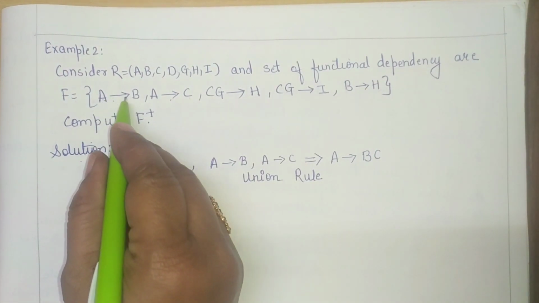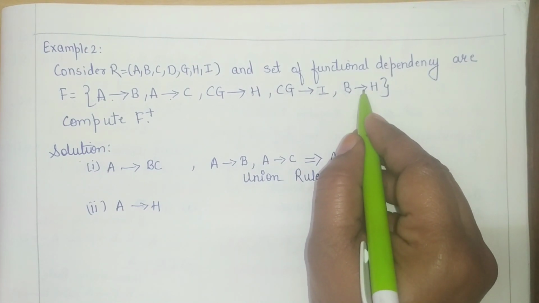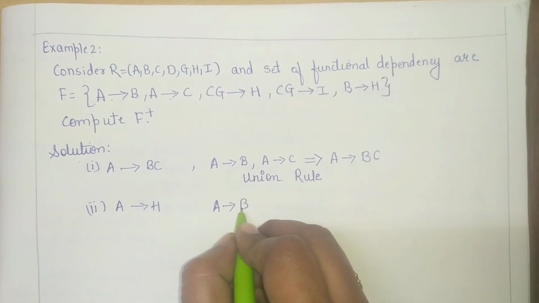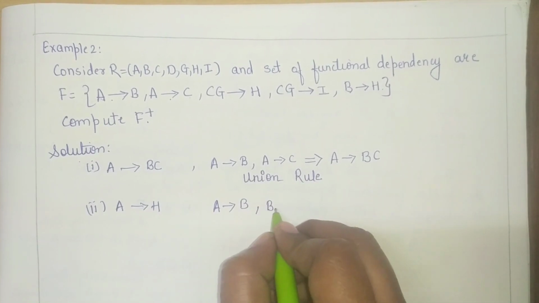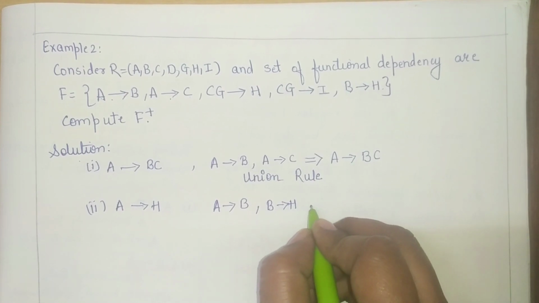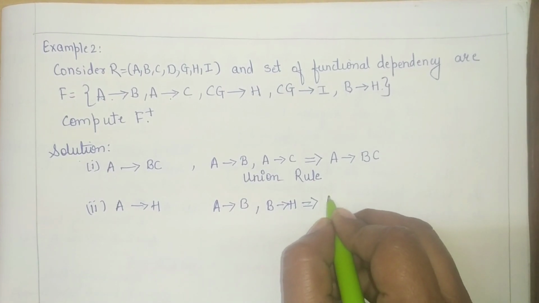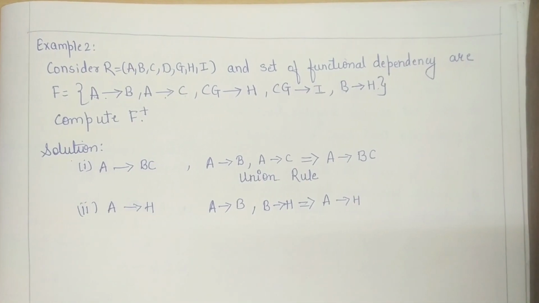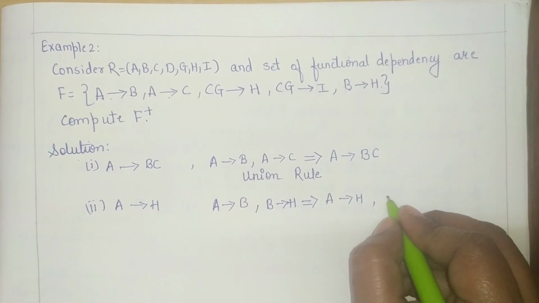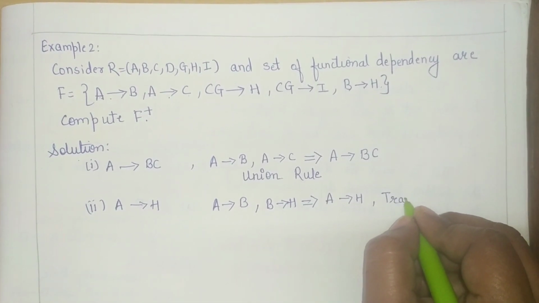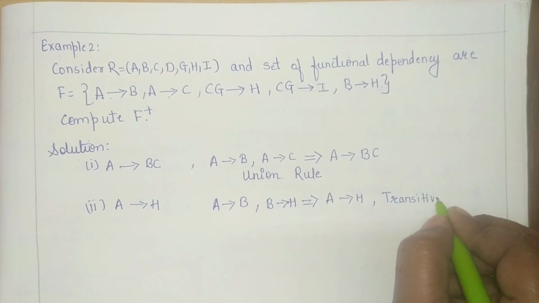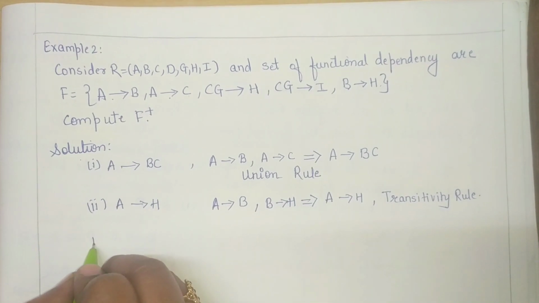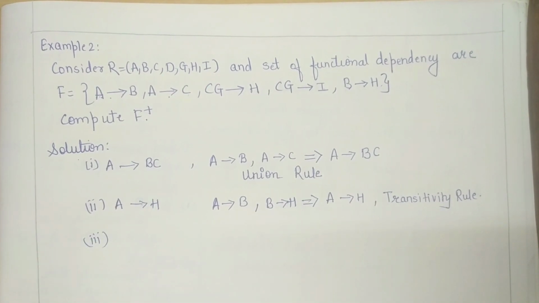We are having A determines B and B determines H. If A determines B and B determines H, then A determines H. How do we achieve this? With the help of the transitivity rule.